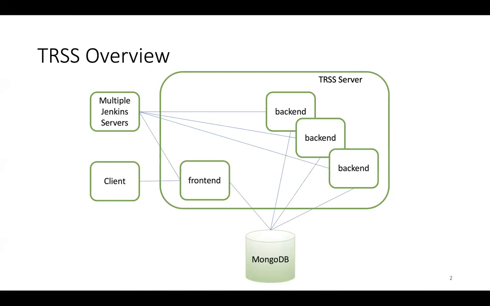So we have a worker called front end, which really just takes requests and responds to the client, monitoring Jenkins or querying the MongoDB database. And then we have another type of worker called backend. The responsibility of that type of worker is really just to monitor the Jenkins servers and insert data into the MongoDB database. So that's just a brief overview.